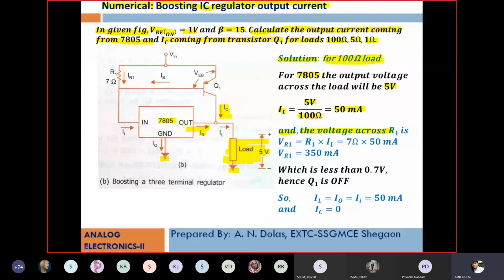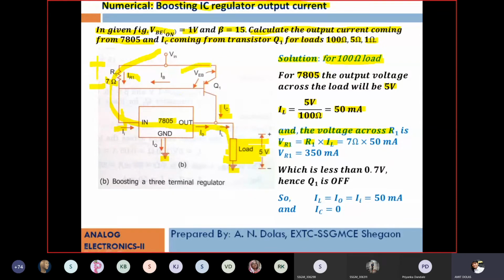And the 50 milliampere is coming from Vin in this way, neglecting IQ. So this is coming through resistance R1. We are interested in calculating the voltage drop across the 7 ohm resistance R1, with positive up and negative down, of course. So the voltage across R1, VR1, is equal to resistance R1 into the load current directly, because the current is only 50 milliampere, and the IC itself is capable of delivering this current. There is no need to turn on transistor Q1.